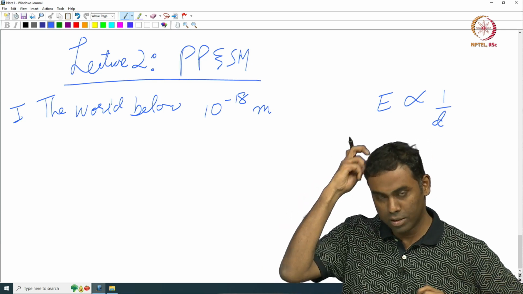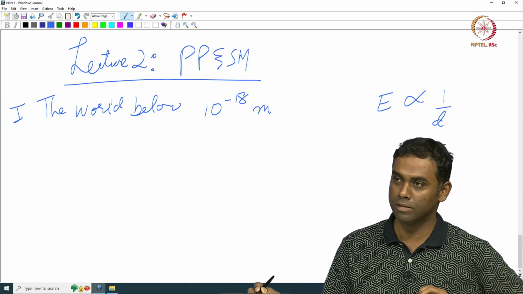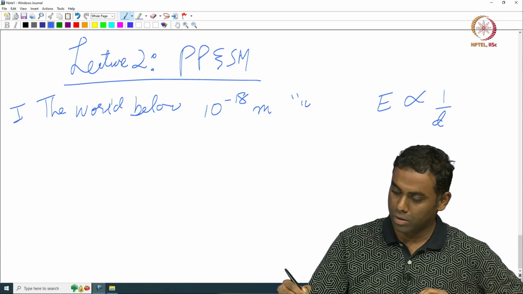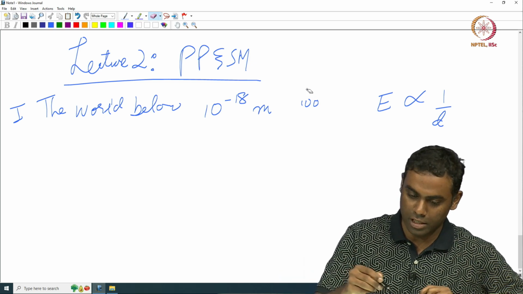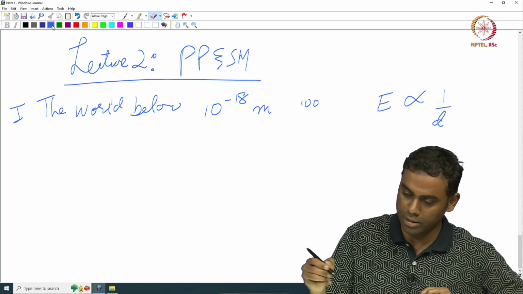So, what is this scale? Why 10 power minus 18 meters? Does anybody know what this distance scale is called, corresponding to 100 GeV in energy?